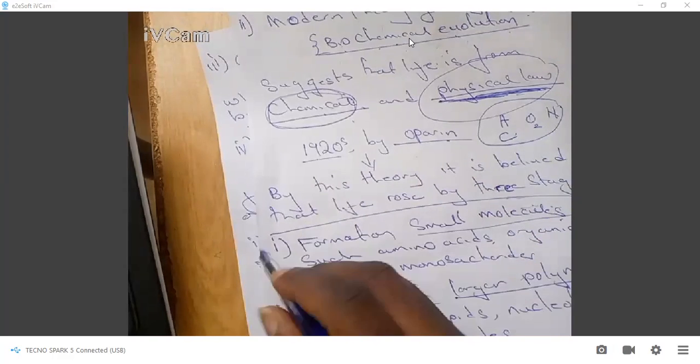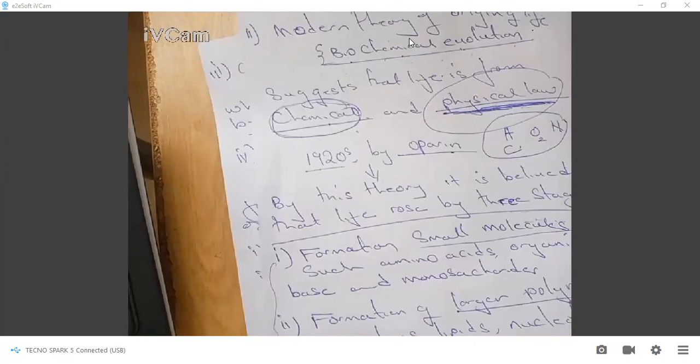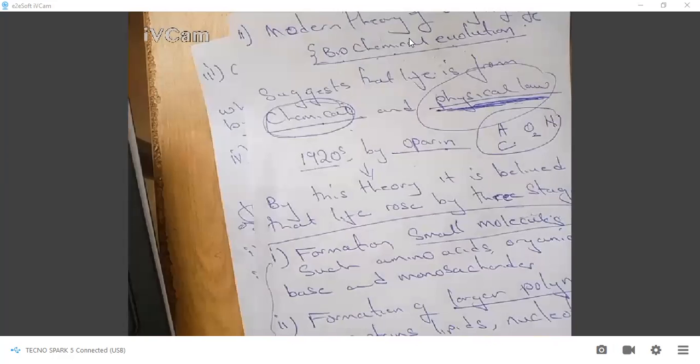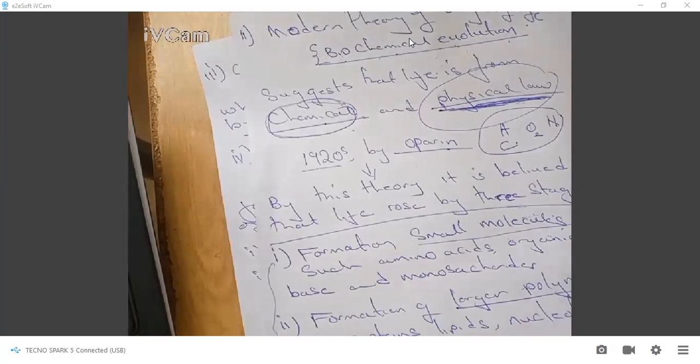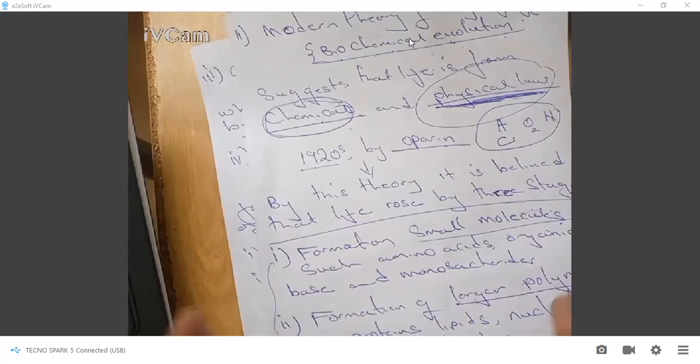But at the beginning, you need to first understand these stages. One, formation of small molecules. Molecules come from elements. Two, these small molecules came together. They started adding together, like amino acids added together to get polymers, which are proteins, lipids, and very many others. Then lastly, the formation of organisms. Those are the stages we are going to look at.